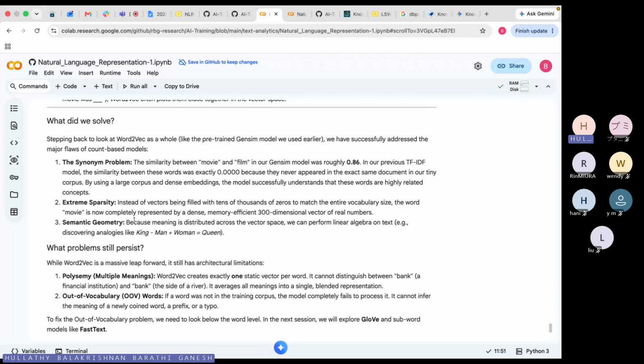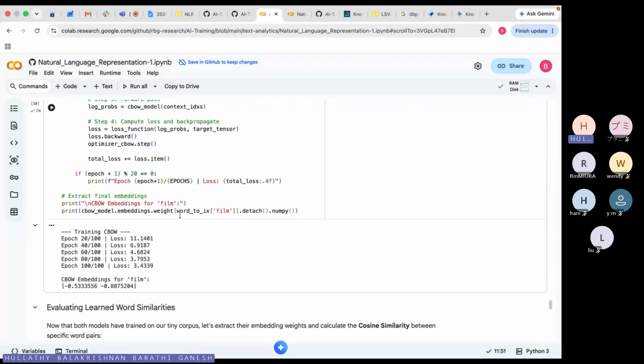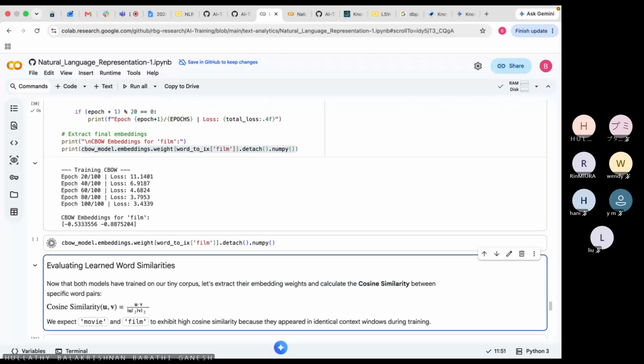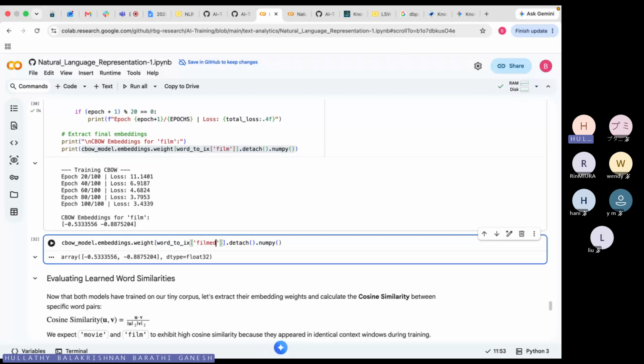A further thing is that word2vec still has the limitation of representing only the word level. It cannot represent the sequence level, that is, a sentence or a document. That's why we need further representation methods. Also, word2vec can't handle out-of-vocabulary words. For example, on this sample, we are finding the vector for the word "film", but I'm trying to do it for "filmed".